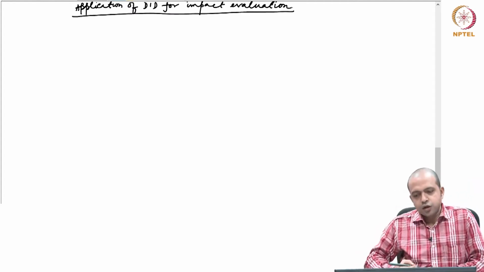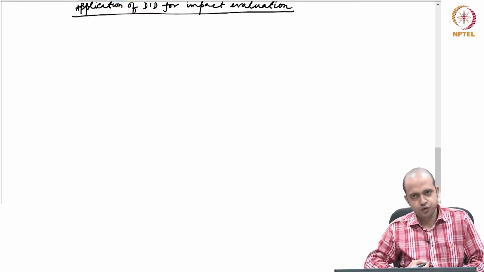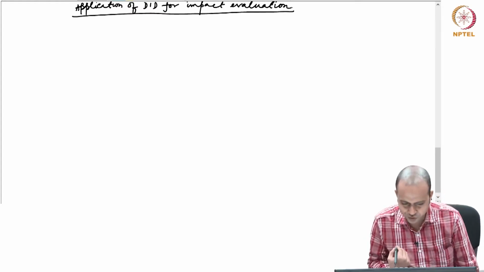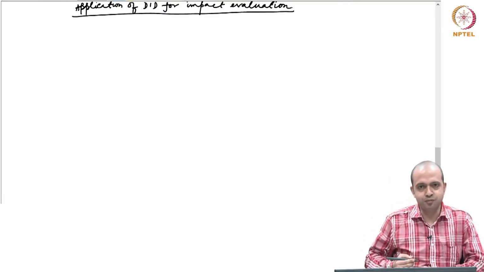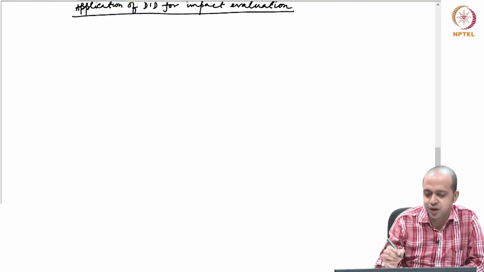Okay. For this, what we need is a minimum of 2 years of data points, okay, 2 years of data points for an impact evaluation kind of study. If you have panel data, that is also fine. So, first I will give you an example.